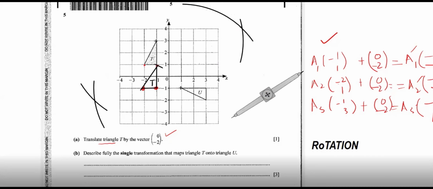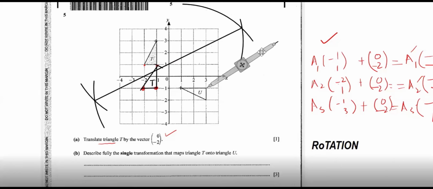We join the intersecting points of these arcs, and this is the first perpendicular bisector we get.